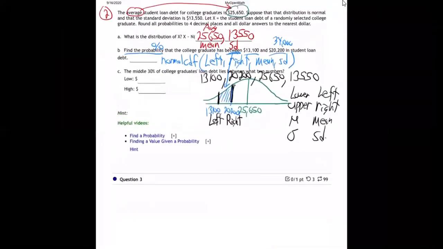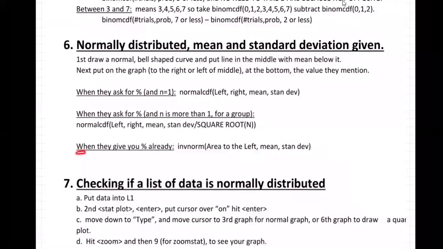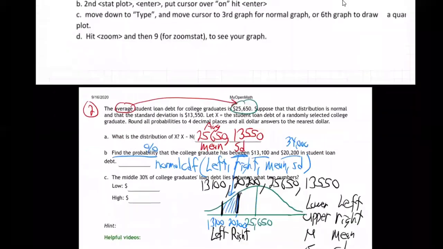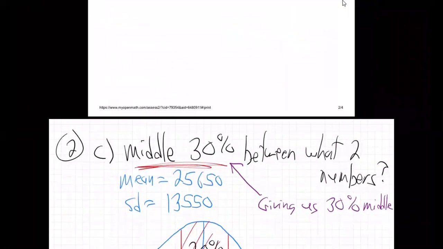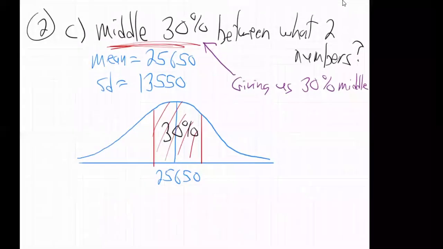So go back to the formula sheet I gave you for number 6, and it says when they give you a percentage already. So that's clearly what we're talking about. So we're going to use inverse norm, aren't we? Inverse norm, area left, mean, standard.